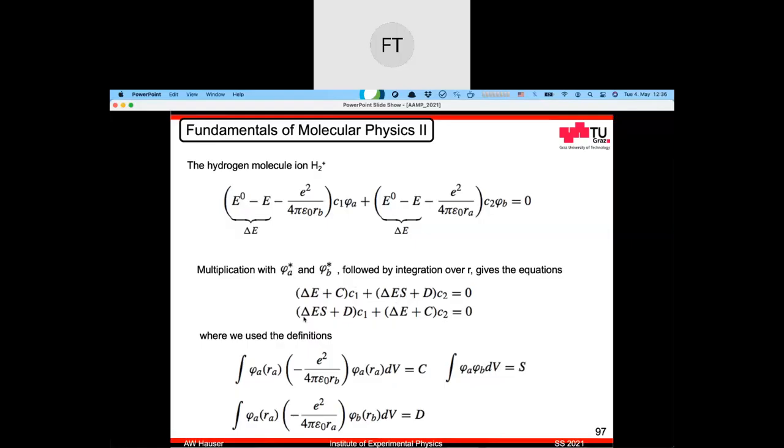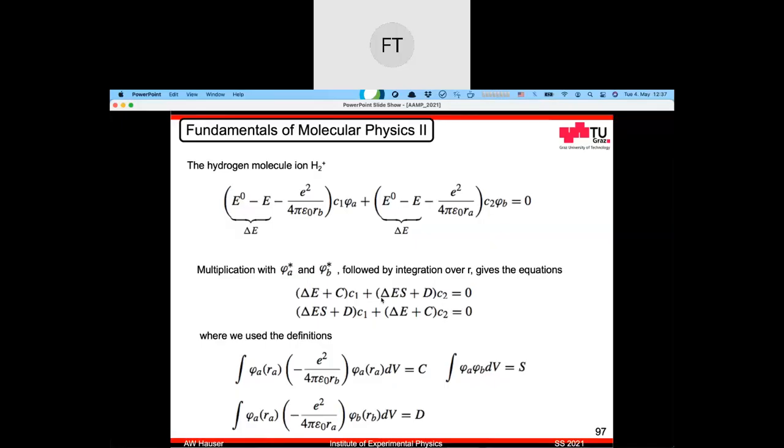One is a type of integral that gives us a value simply by integrating over the product of the two atomic orbitals, phi A and phi B. We call this the overlap integral S. And S appears whenever the term we were working with did not depend on any of the electron coordinates, which was the case for the energies or the differences of the energies. So this is where our S appears.